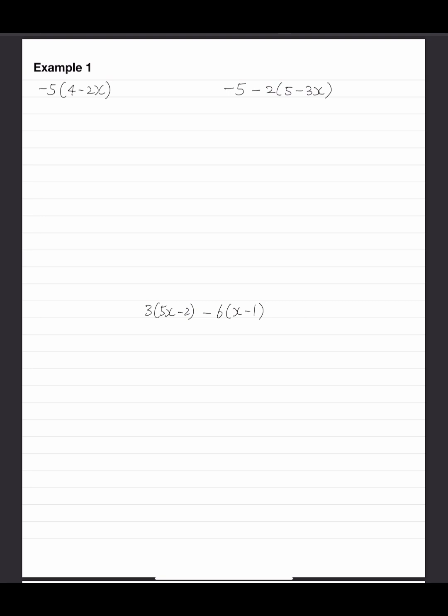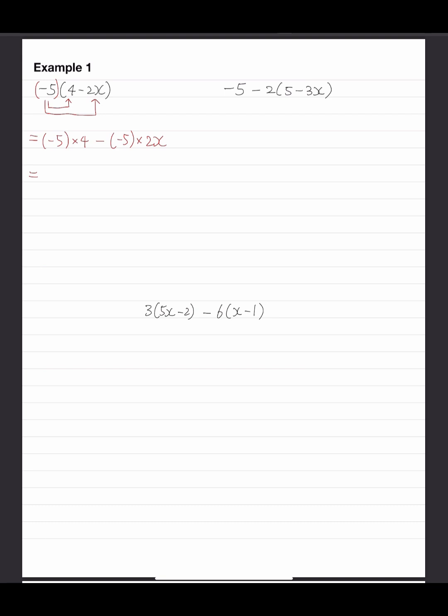So here we can see that the negative 5 is the factor that is going to be multiplying the brackets of 4 minus 2x. So when we expand this, it's going to be the negative 5 multiplying each term inside of the brackets. You can write it as what I'm doing here by covering negative terms with brackets. So you have negative 5 times 4 and then minus negative 5 times 2x.